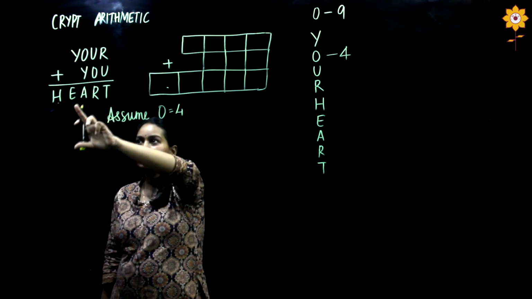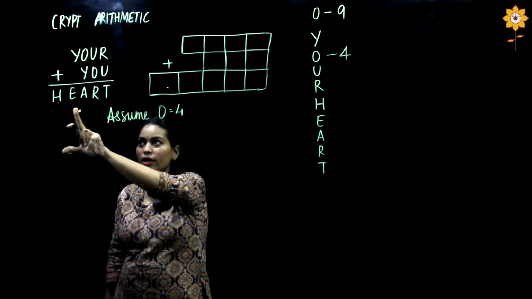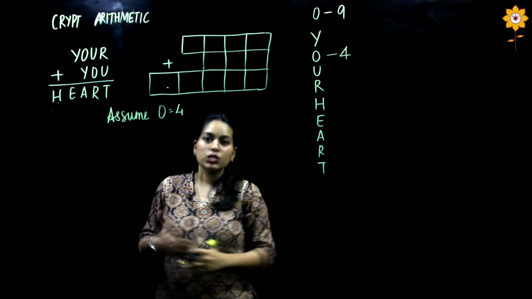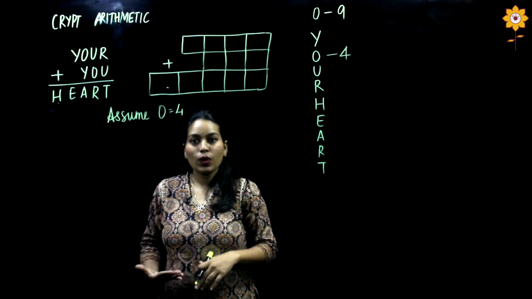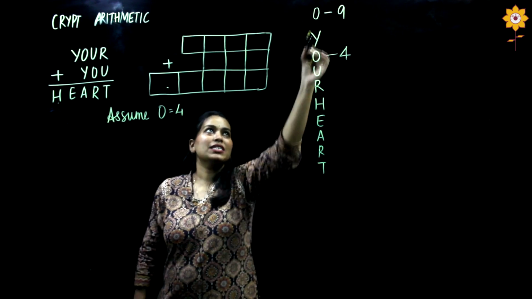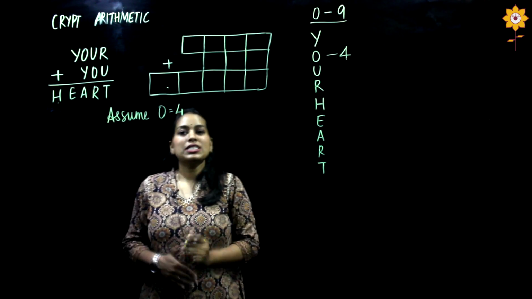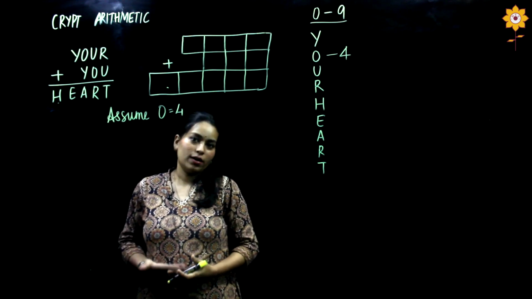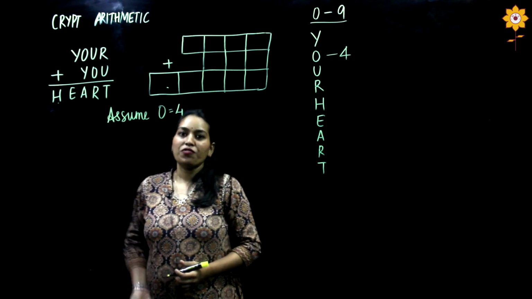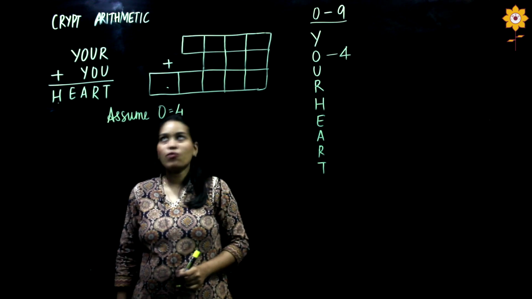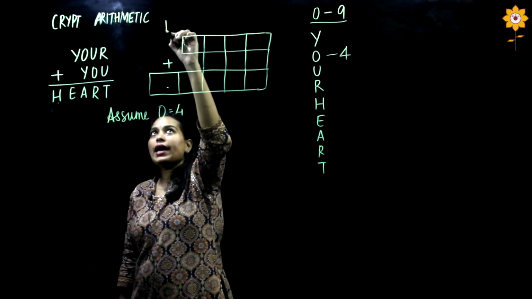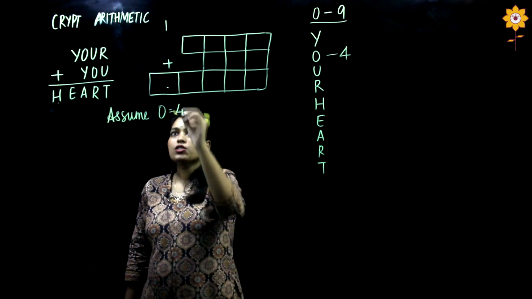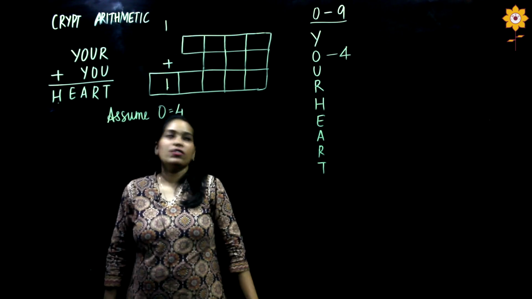When you add the values available here, it is definitely resulting into a carry which is 1. Now why the carry is 1? Because when you add the numbers available to you, you will see that the carry that gets generated is only 1, right? So the value of H is definitely 1, which is coming from a carry from the previous column. So H is definitely equal to 1.